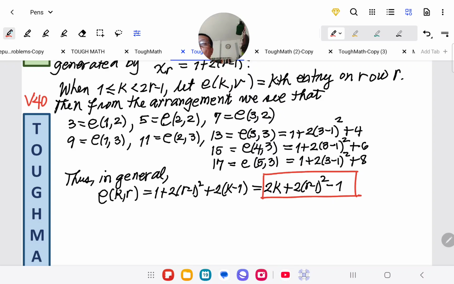where K is equal to 1, 2, 3, and so on until 2R minus 1.